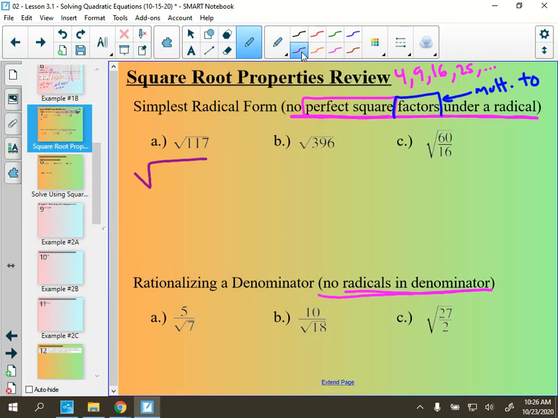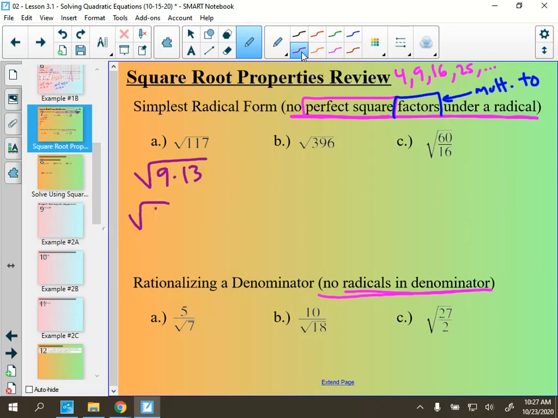I probably wouldn't check 4 because of the 17, but then I might try 117 divided by 9. I know you can't see me here, but I'm checking on my calculator. 117 divided by 9, and my calculator says 13. So I can tell that 9 goes in there evenly. So I've broken 117 up into two of its factors, 9 times 13.